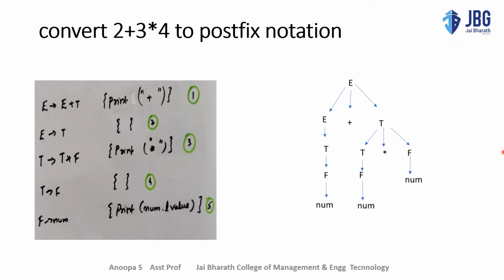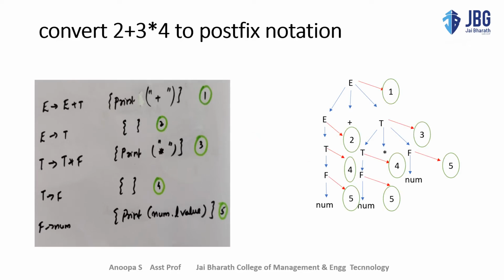I have to give a number to each of the semantic actions. Here F giving num is semantic action 5, so I number it as 5. T giving F is semantic action 4, so I number it as 4.